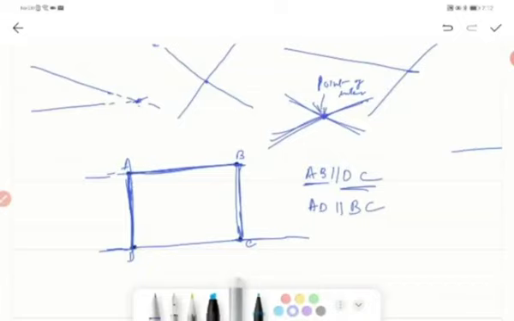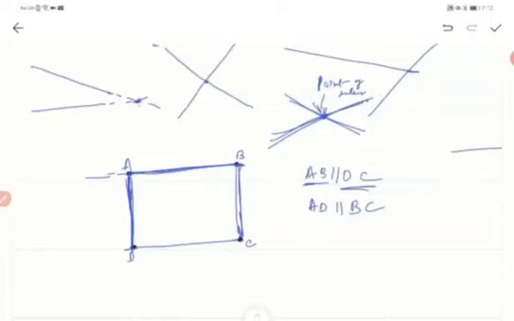Alright, now tell me, the lines AD and AB, I will take in green color, are these two lines parallel? No, because they are meeting at one point, that is at point A. So AB line and AD line, when they are extended, meet at a certain point.